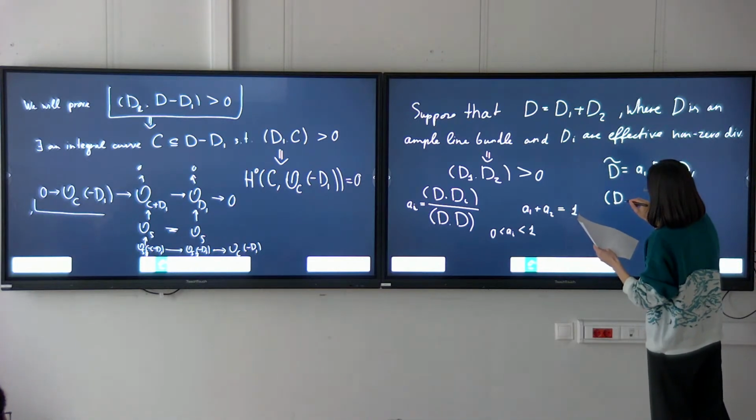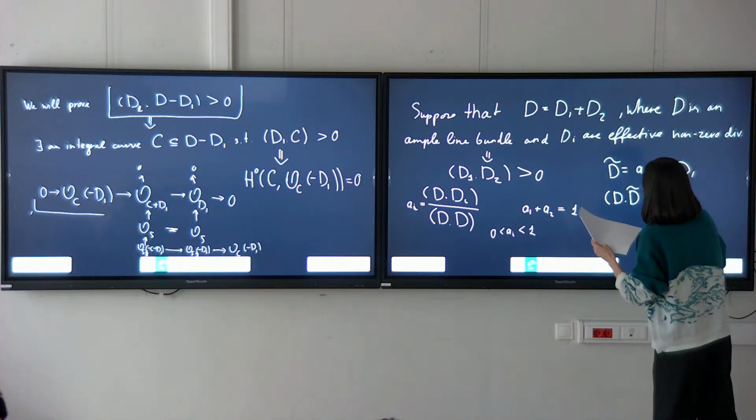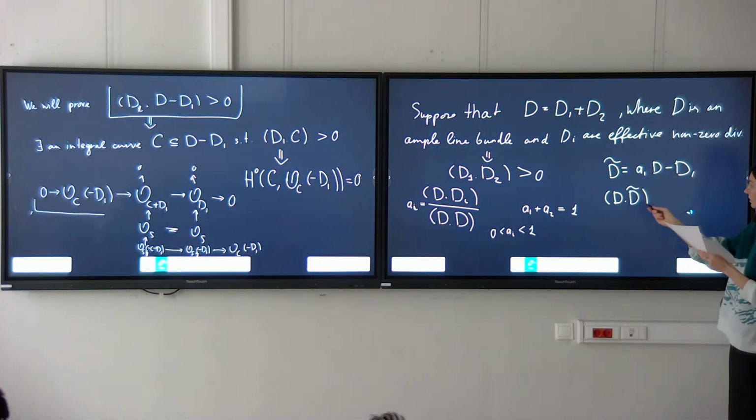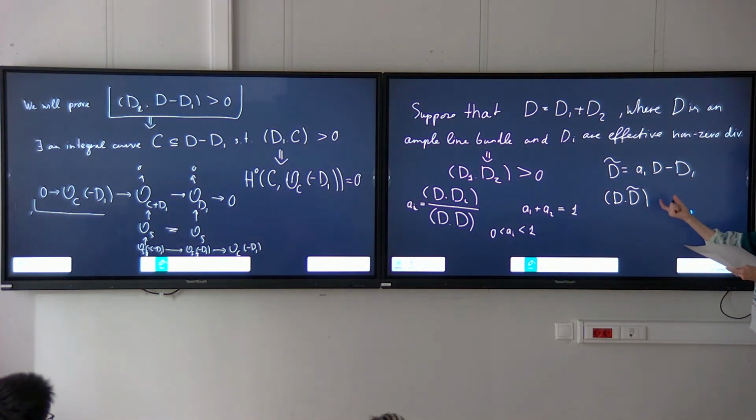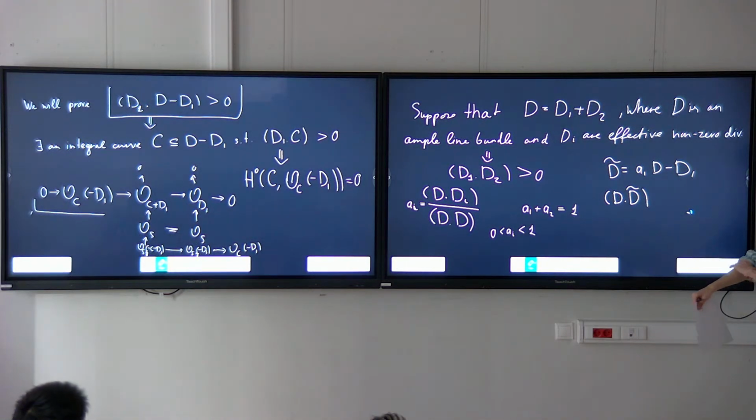Just from the definition of D tilde, we obtain that this intersection is equal to what? You just need to use the definition of D tilde.